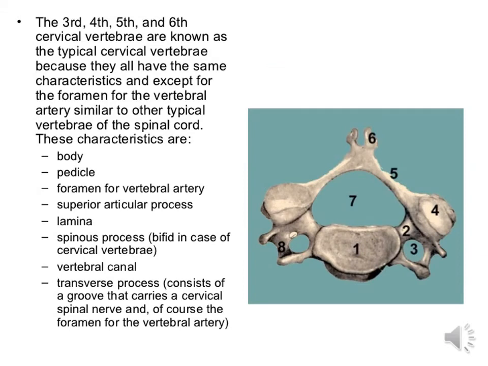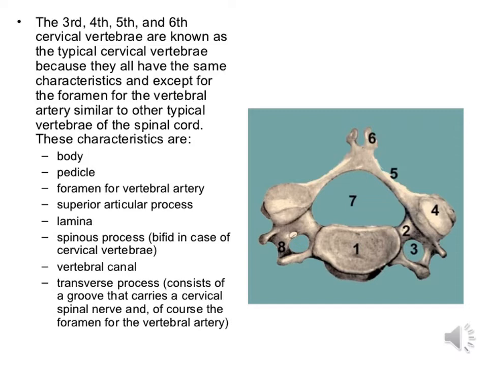Now we go to the third, fourth, fifth, and sixth cervical vertebrae. These are known as typical cervical vertebrae because they all have the same characteristics, including the foramen for the vertebral artery, similar to the other typical vertebrae of the spinal cord.